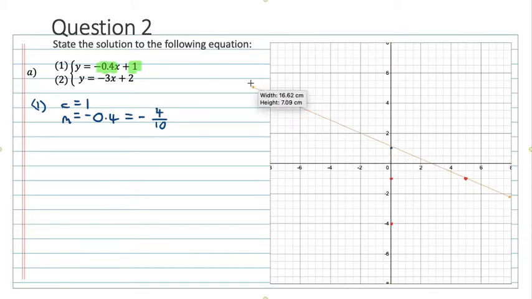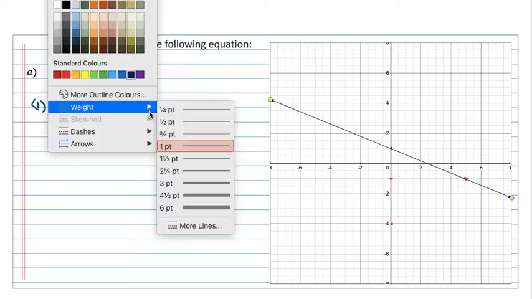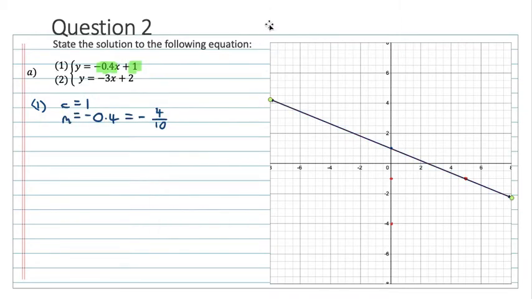Try and be as accurate as I can. Done. So that's equation 1.